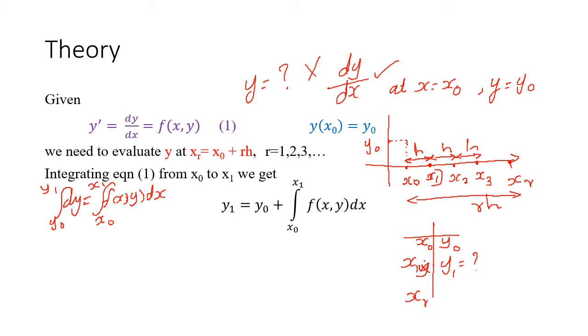Integrating dy you get y, and applying the limits you get y1 minus y0, and this y0 on the LHS is taken to the RHS, giving y0 here. So that is the solution.